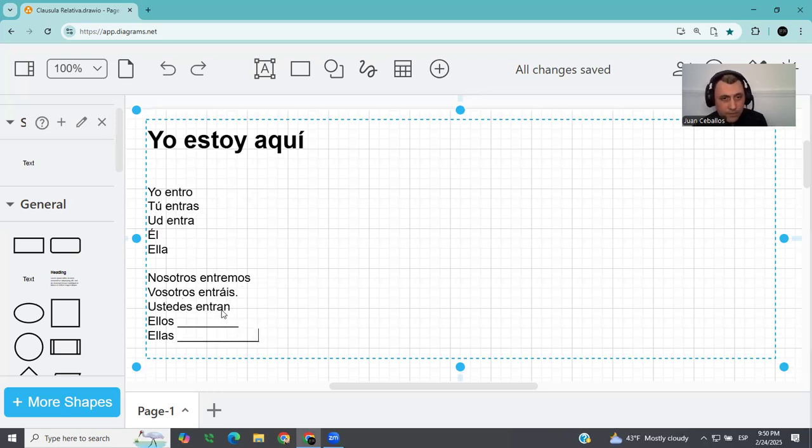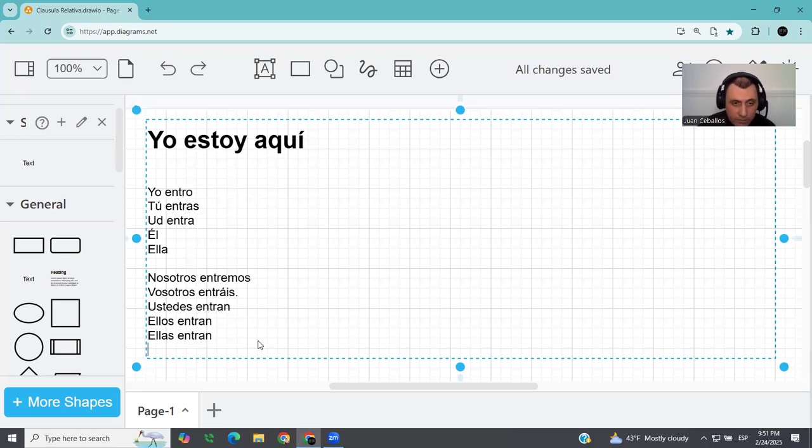And it is for the same exact reason. Ustedes, second person plural, in Latin America, not in Spain, is entran. Ellos, which is third person plural masculine, will be also entran, and ellas, which is third person plural feminine, is also entran.